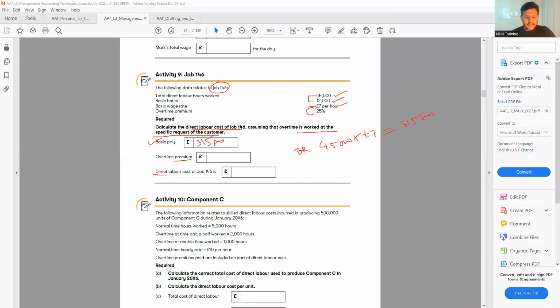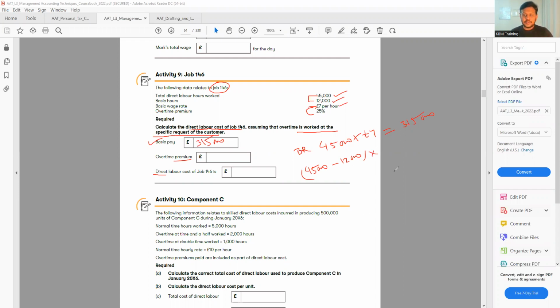The next one we have is the overtime premium. How much is the overtime premium? We have to find the difference: 45,000 minus 12,000. And this is my overtime hours. And for the overtime hours, how much per hour will I get? Remember the premium.